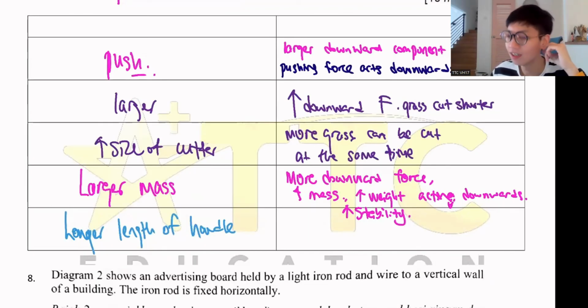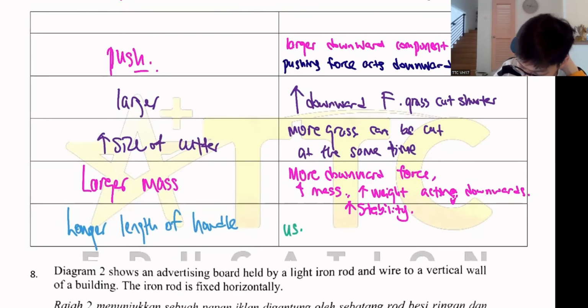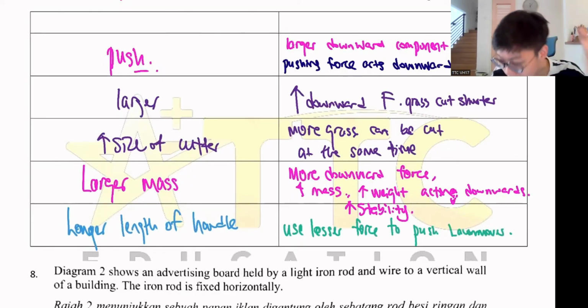You understand what I mean? Now, longer length means you can use lesser force to push the lawnmower.